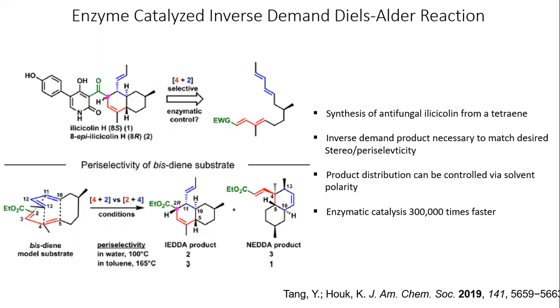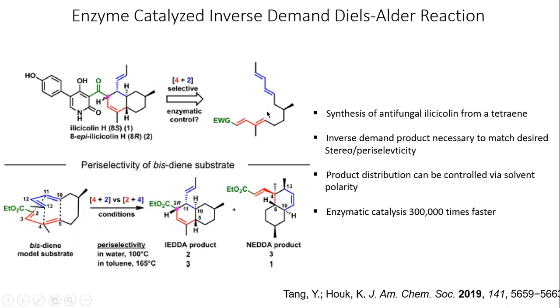For one, it's an inverse electron demand experiment, but for two, it's an application to a really clever synthesis of this natural product, which is an antifungal, from this starting material tetraene. You can see right here that this diene is set up for inverse demand because you have an electron withdrawing group on your diene.